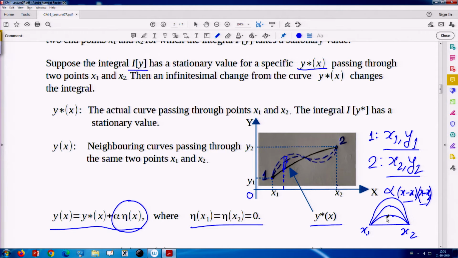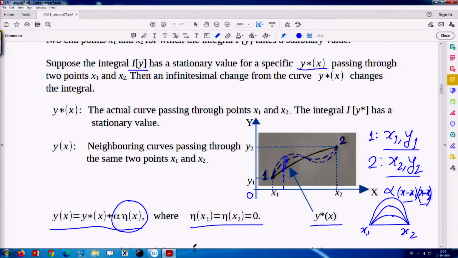As I have shown in the figure there, the curves look like sinusoidal curves. So, in sinusoidal curves, the form eta x is chosen, but then its amplitude can be controlled. So, this alpha, the parameter, will act as an amplitude of that curve.